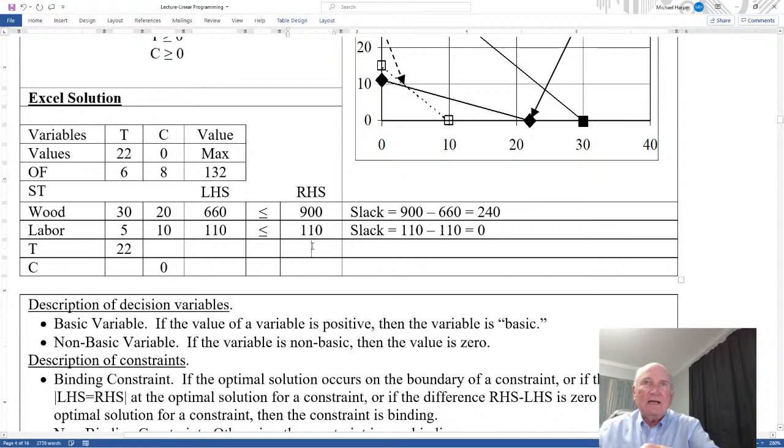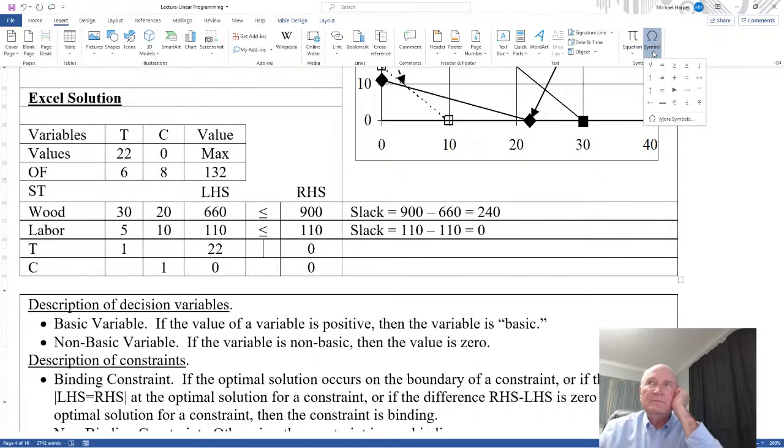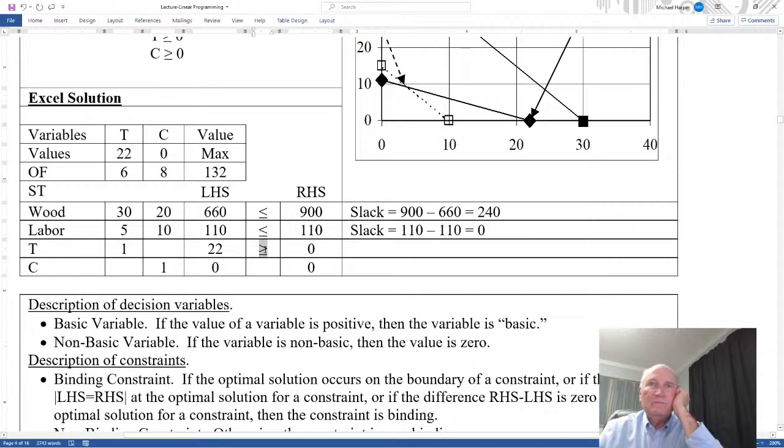The right-hand side is 0 and 0. And so the left-hand side here is, this is 1, and this is 1. This is 22, and this is 0. And this is going to be greater than or equal to. So there's my non-negativity constraints.